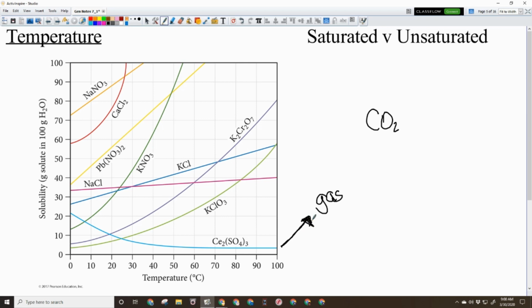So my dad used to have in his backyard a koi pond, and a koi, K-O-I, is a Japanese fish. And in his koi pond during the summer here in Texas, when it gets really, really hot, the surface of the koi pond couldn't dissolve enough oxygen so that the fish could breathe.